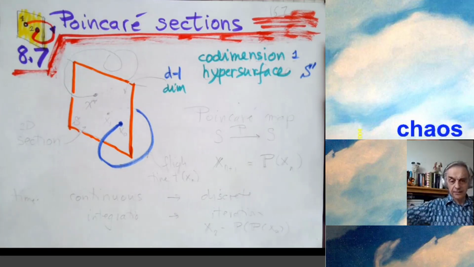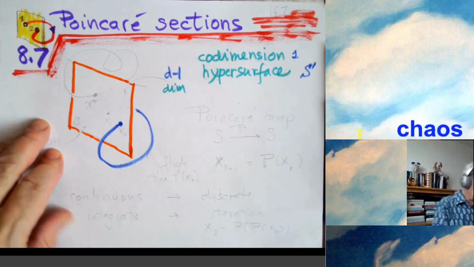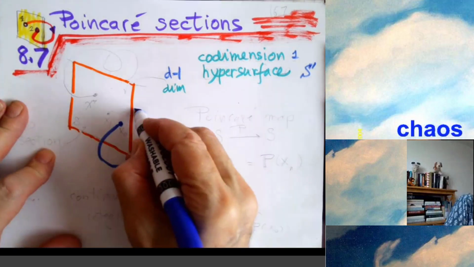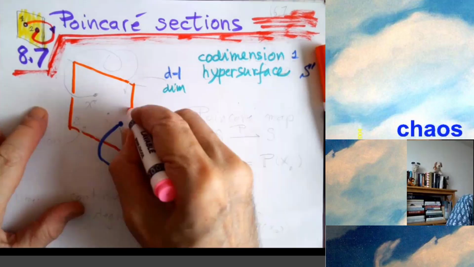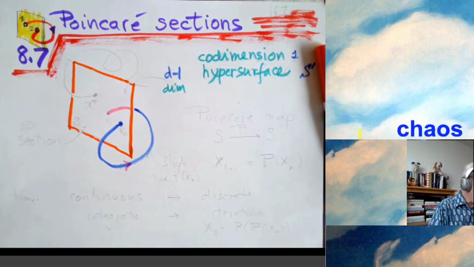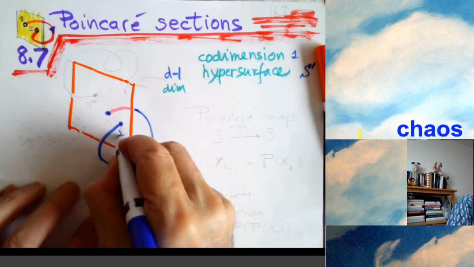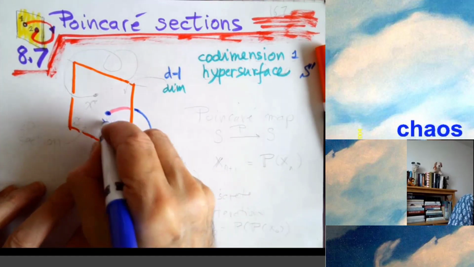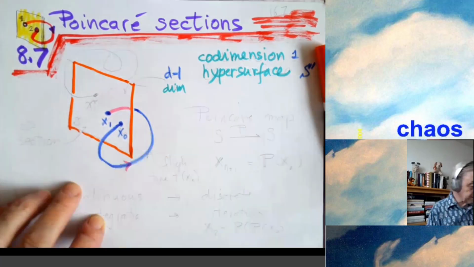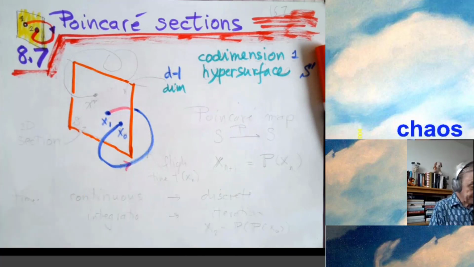If you're confined to the bottom of some valley or anything, you will be recurrent in the sense that eventually you will pierce the same hypersurface. So you started at x0. After some time, which you might need to compute, you will reappear here.